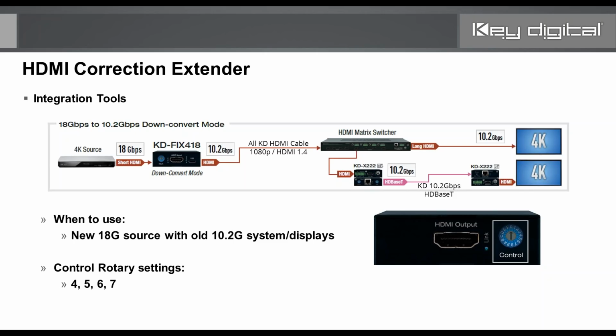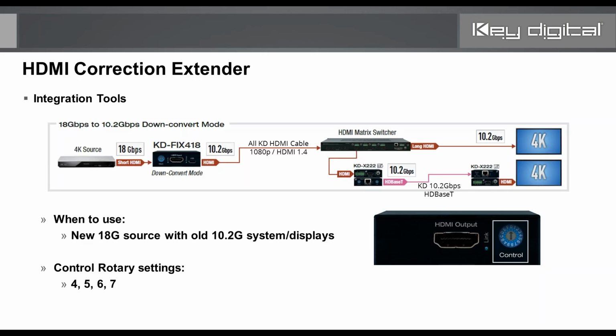You're going to need to use that whenever a new 18G source is introduced into a system with either 10.2 gigabit per second infrastructure, such as extenders, matrix, or even displays, and you want to display that source that's outputting at 18 gigabits per second into that system. You could activate the down convert mode, and that activates the chip in the Fix 418.